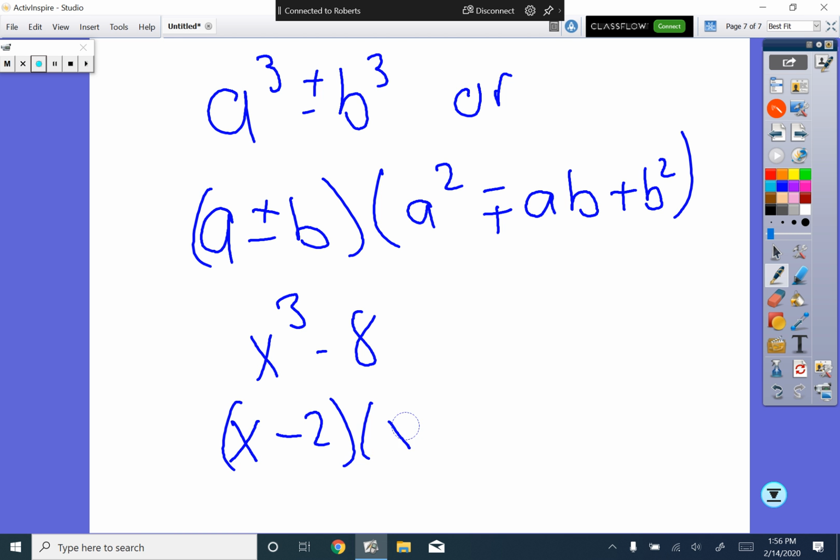Then there'd be x squared plus 2x plus 4. So who's one of my zeros? 2. And then this guy will always be imaginary. So you'd have to go through and find the imaginary solution. Yep, through the quadratic formula. Okay?